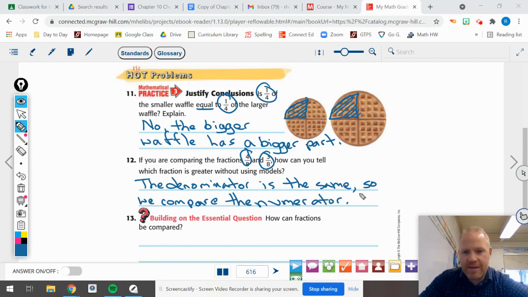And if we look at it that way, we say 4/8 is greater than 3/8 because 4 is bigger than 3.